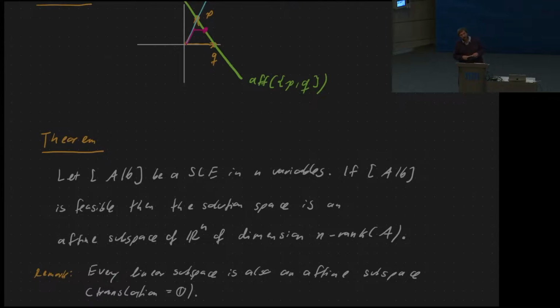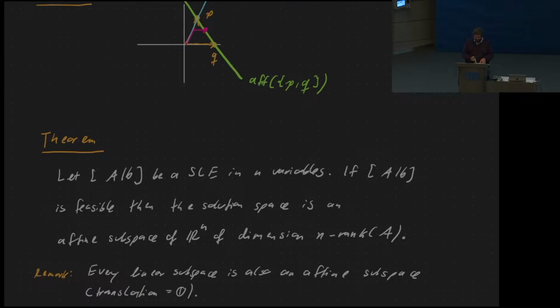And we also said for an inhomogeneous system, the solution set can be obtained as the solution set of the homogeneous system plus one particular solution of the inhomogeneous system. And that, of course, is just the same thing as saying the solution set of the inhomogeneous system is an affine subspace. And the vector space that belongs to it is just the solution set of the homogeneous system. Right? And that is the summary of that theorem here.